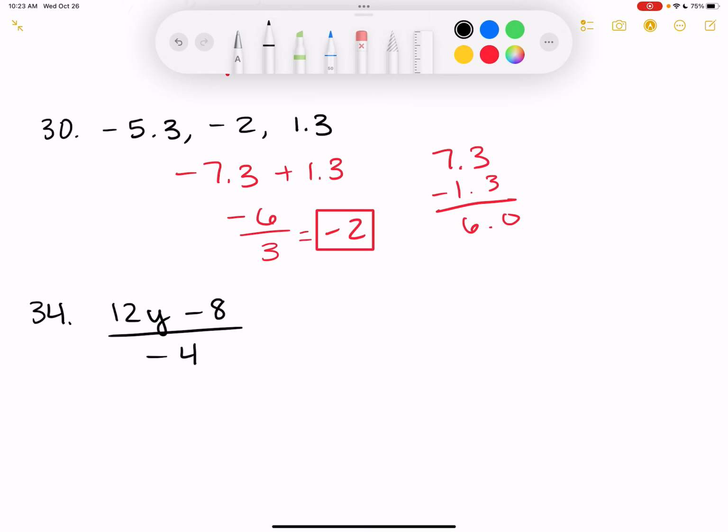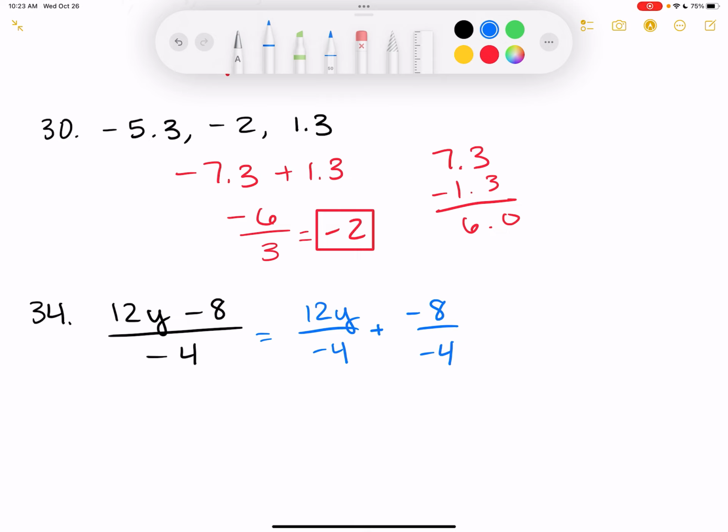So we can split this into 12y over negative 4, and then minus negative 8 over negative 4. We can split it into two separate things as long as there's only that one thing on the bottom. Since it's just negative 4 on the bottom, we can write both pieces over that.